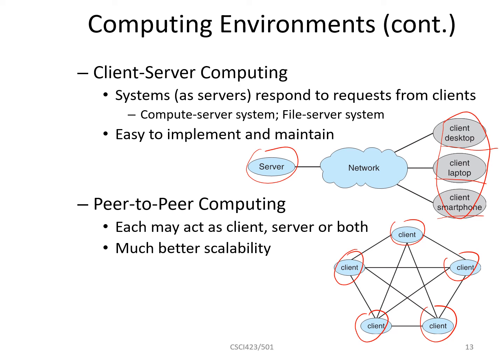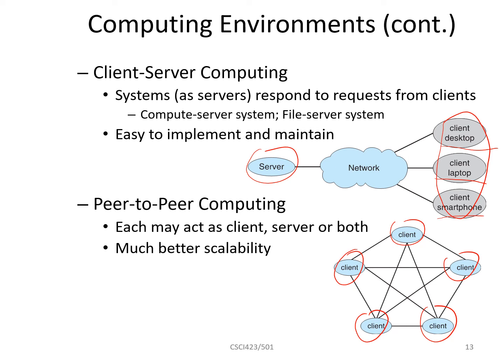So that is one downside of peer-to-peer computing. Unless it is very necessary, most of the time people still want to start with a client-server computing environment, unless later scalability becomes the most critical issue, and then people start to think that maybe we want to switch to the peer-to-peer computing environment.